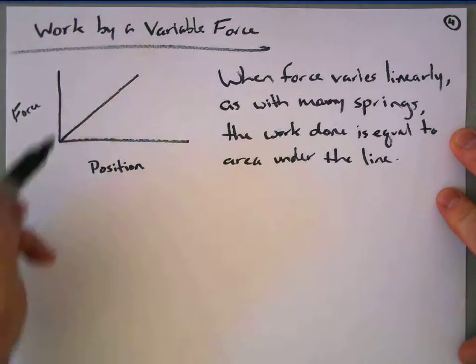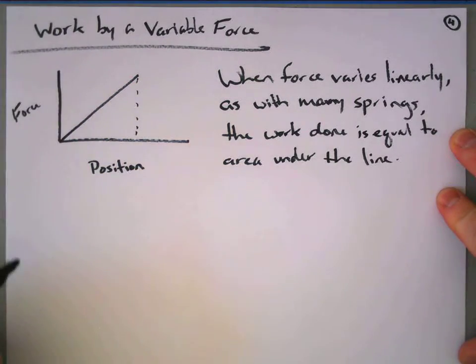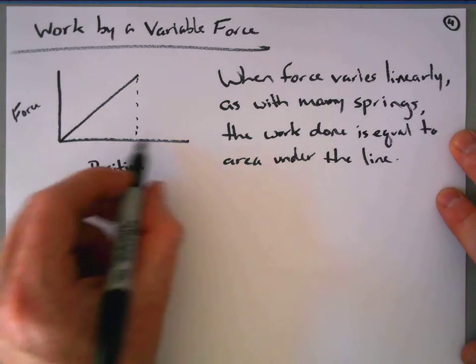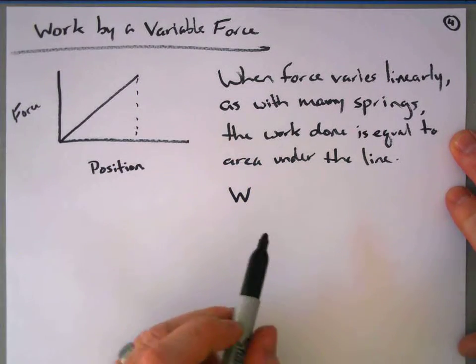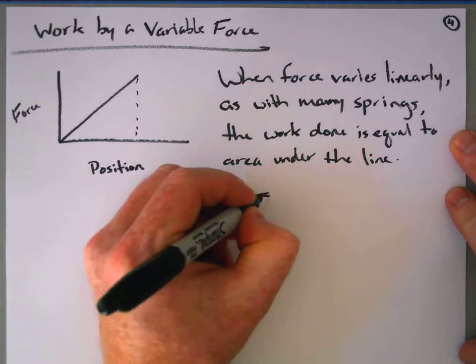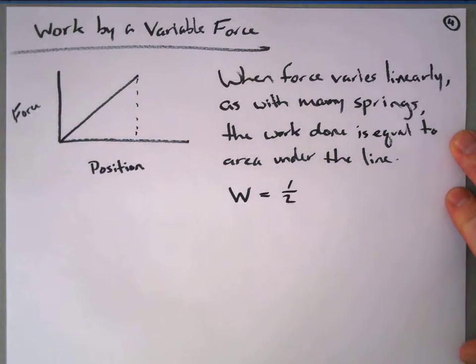Well, the area under this line is simply a right triangle. The area of a triangle, we have 1/2 base times height. So the work done by this variable force is going to be equal to 1/2 base times height, or height times base, it matters not.